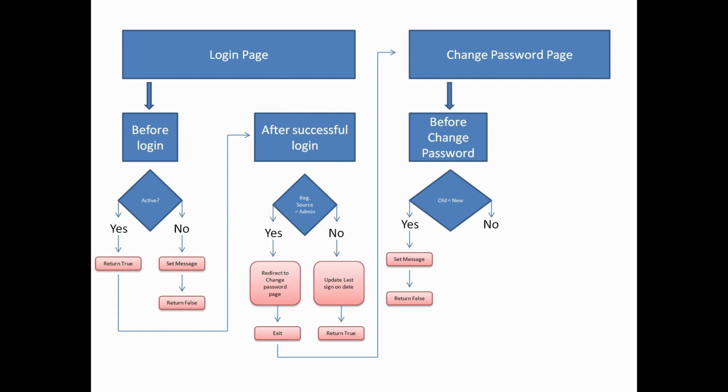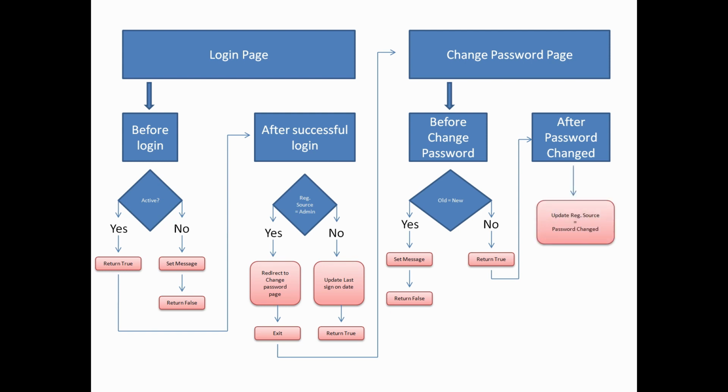If the old and new password were not the same, we're going to return true, and the after password change event is going to execute. In there, we simply update the registration source to password changed. Now this is very important, as this will influence the question we asked in after successful login right here.